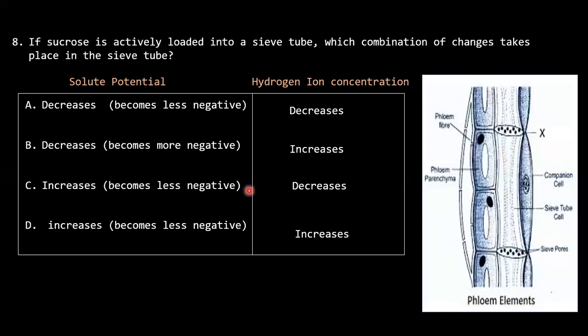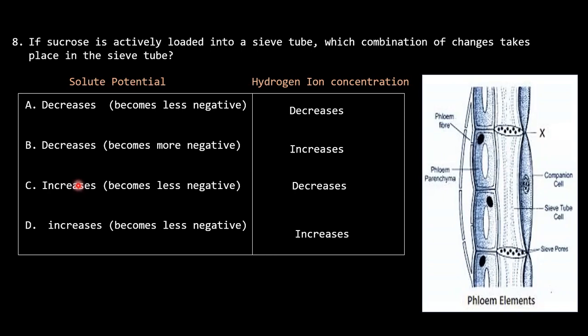Okay, so this is the question. If sucrose is actively loaded into the sieve tube, which combination of changes takes place in the sieve tube? Solute potential decreases. Does it decrease? No. Solute potential will increase. So right away, it's wrong. Here, solute potential will decrease. No, it doesn't. So the whole thing is not true. Solute potential increases, yes.